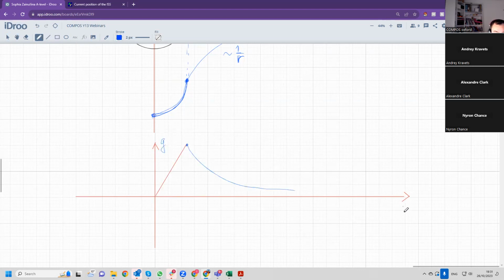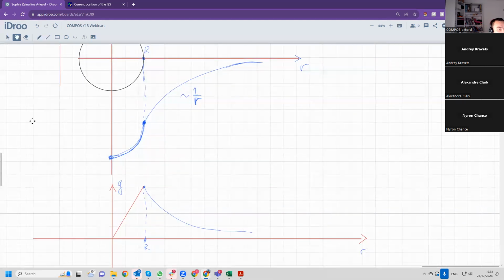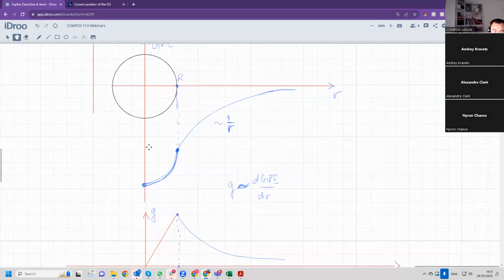This is the gravitational field, and this is the radius, R. The gravitational field is the derivative of the gravitational potential energy, dr. And the derivative of a parabola is a straight line.